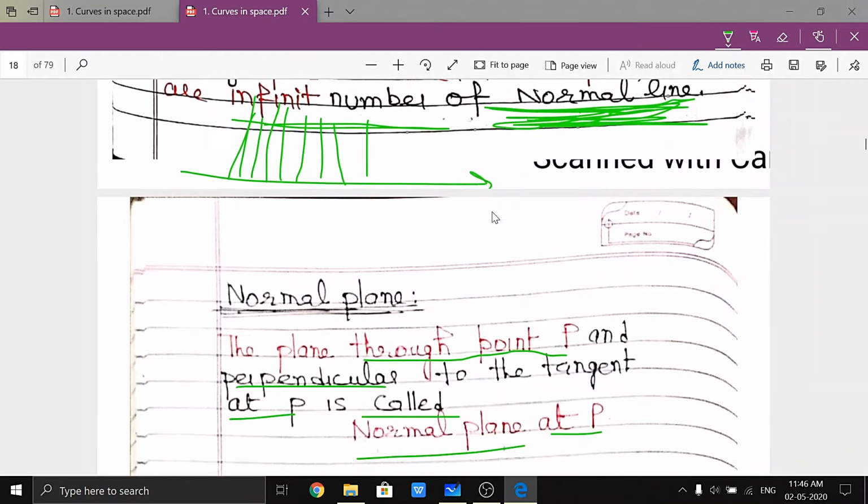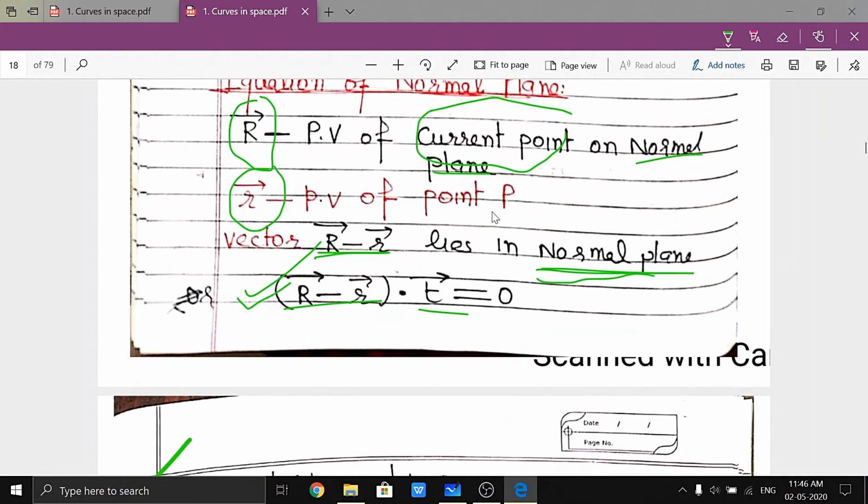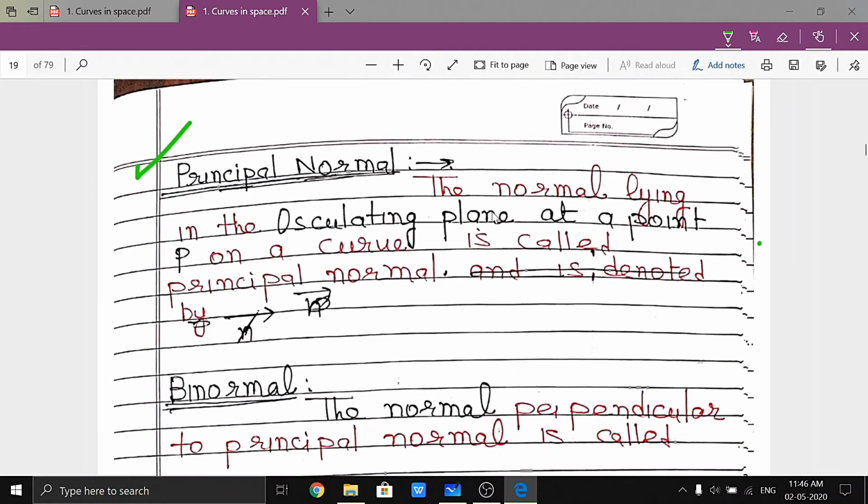If we discuss a normal line in an osculating plane, that is called a principal normal. So what is a principal normal? Principal normal is a normal line, the normal in the osculating plane, at a point P on a curve.